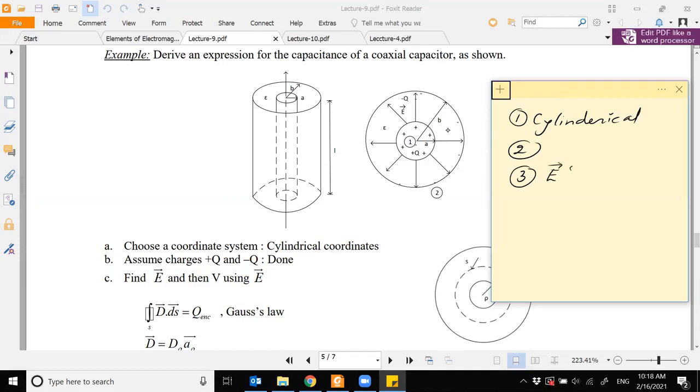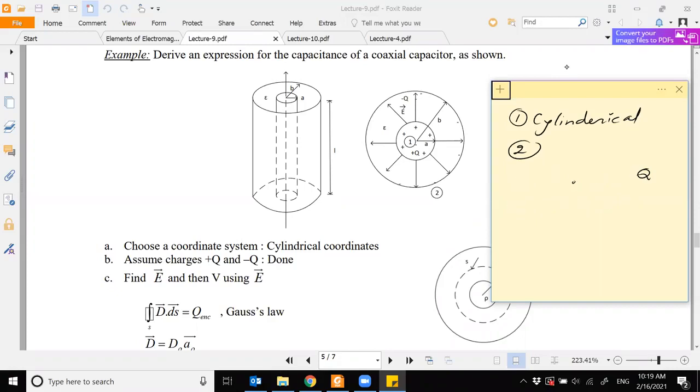Now, how can we find E from Q? Because we know Q. How can we find E from Q? Because first we need to find E, and then we will find the potential difference from the electric field. So how are we going to find it here?